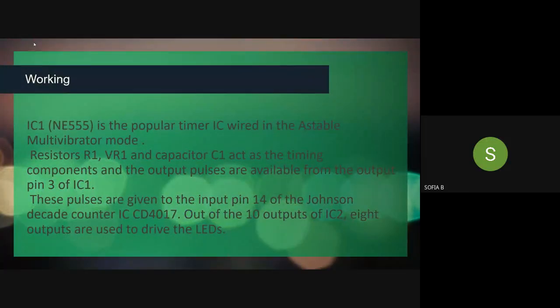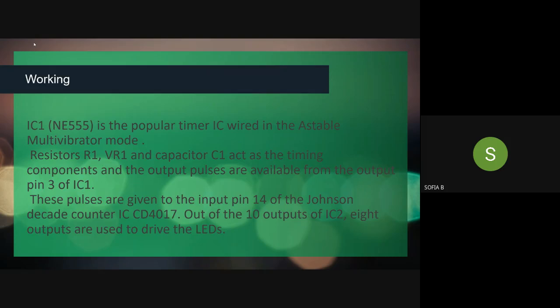Here comes the working principle. IC1 NE555 is a popular timer IC wired in the astable multivibrator mode. Resistor R1, VR1 and capacitor C1 act as the timing components and the output pulses are available at output pin 3 of IC1.